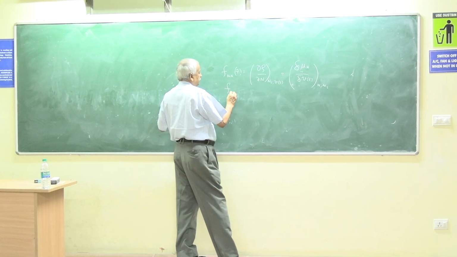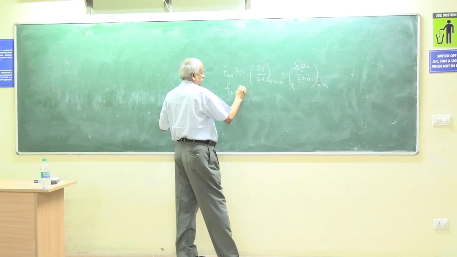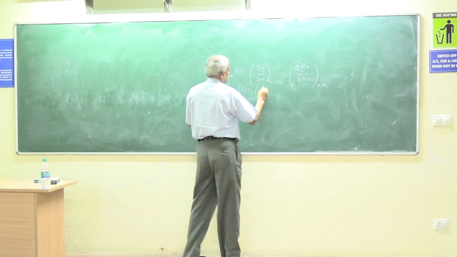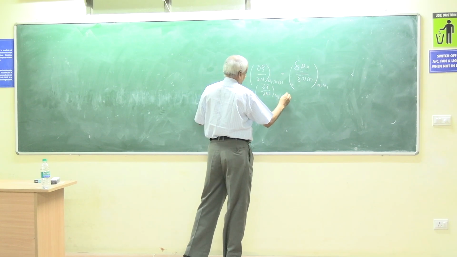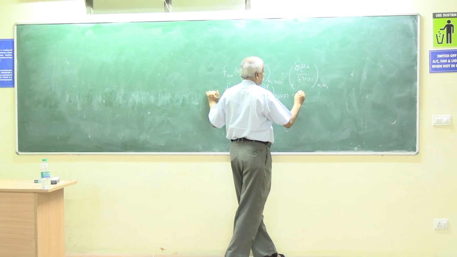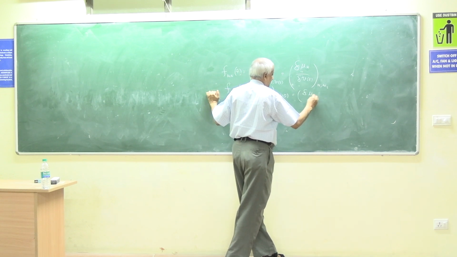Suppose if I do f n s r, this would be del rho del ns at n Vr, which is the same as del mu s del Vr at n ns.